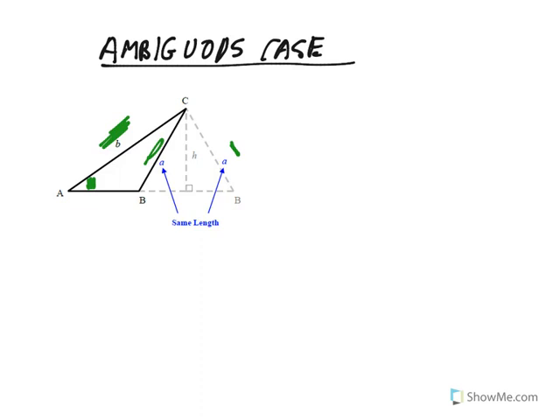Because if we take C and pretend that's the centre of the circle, we swing that around there, because we haven't been given information to tell us how long this line here is. So if we take that side A, this one here that we've given, and we swing it around, it's going to intersect that purple line in two places.